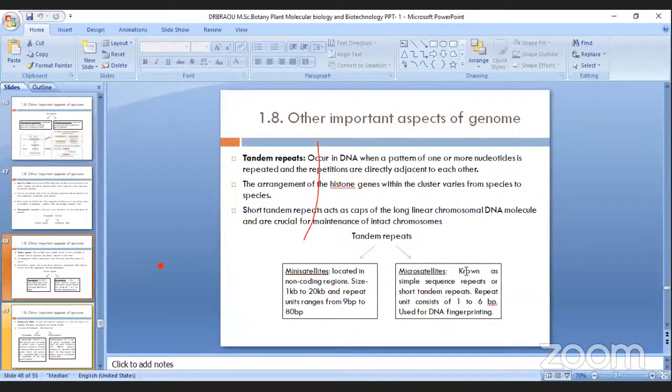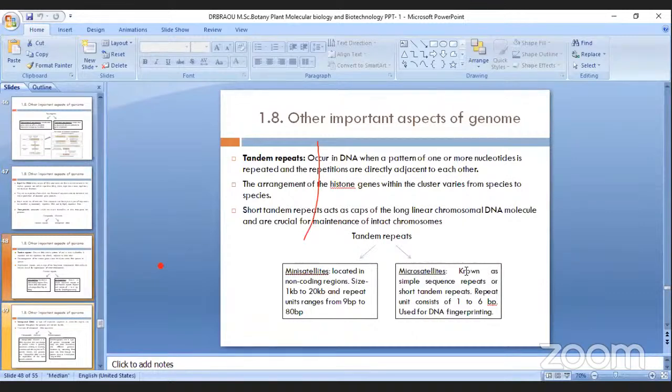Tandem repeats occur in DNA when a pattern of one or more nucleotides is repeated and the repetitions are adjacent to each other. The arrangement of the histone genes within the cluster varies from species to species.